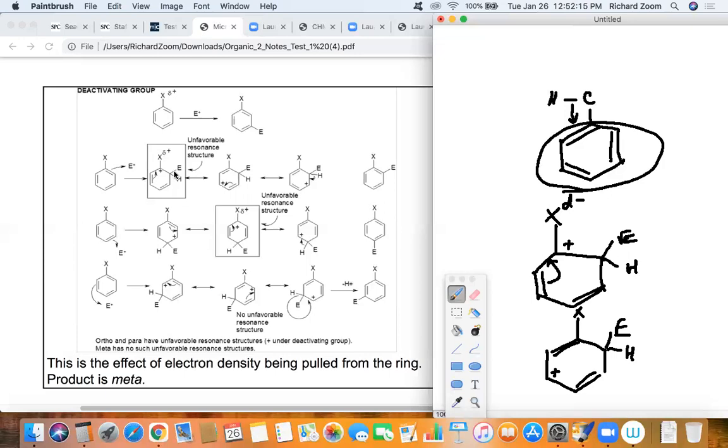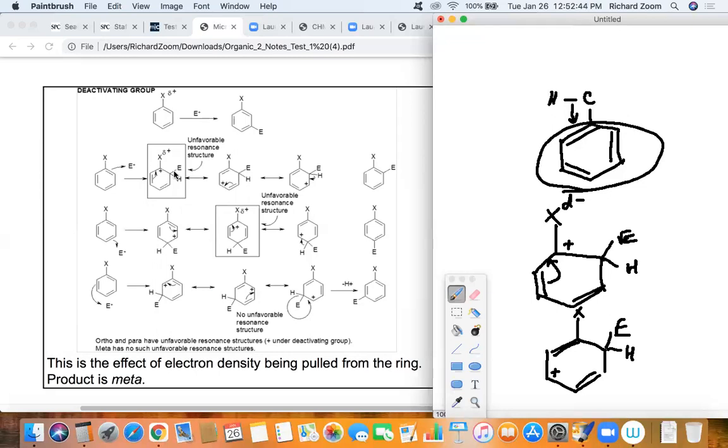Now the X is delta plus and unfavorable because it is unfavorably interacting with the positive charge on the ring. However, if we look at the meta position, there are no unfavorable resonance structures. So it goes meta because ortho and para are unfavorable.